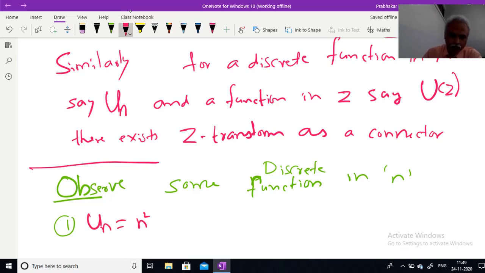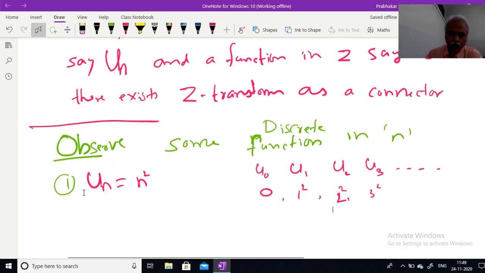Then we take n equal to 0, 1, 2, 3, that is u0, u1, u2. We generate integer values of n and so on. Go on putting n equal to 0, 1, 2, 3 here: 1 square, 2 square, 3 square. So this set generates some values. In general, un is n square.